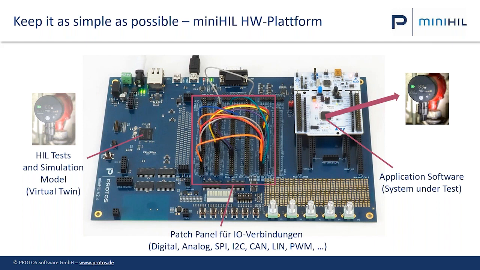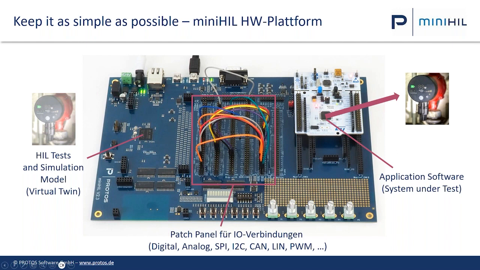So how do we do this in reality now? So we have the mini-HIL test board. That's the blue one here. On the right side, you see a microcontroller with your system under test. So that's the microcontroller of your product. In this case, a Cortex-M4 by ST, STM32. Could be any other microcontroller, basically.